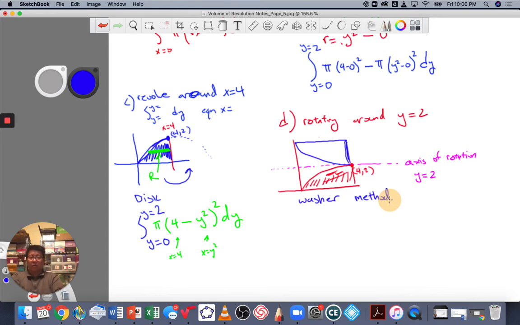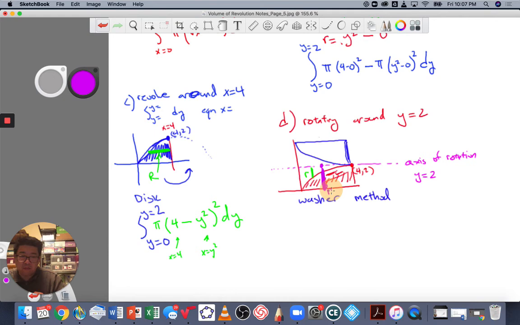Okay? And so you have to figure out what your functions are going to be as they relate to the axis of rotation. So in this part right here, this would actually be little r, from the axis to the inner function. The outer function would be from this point all the way down to the x-axis.